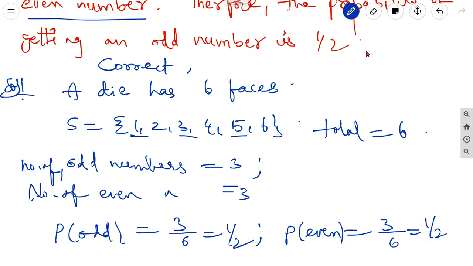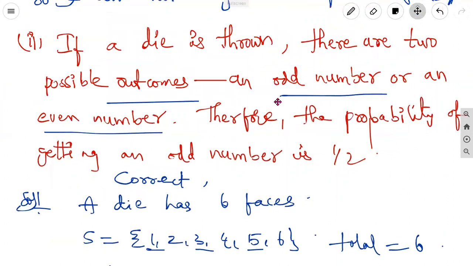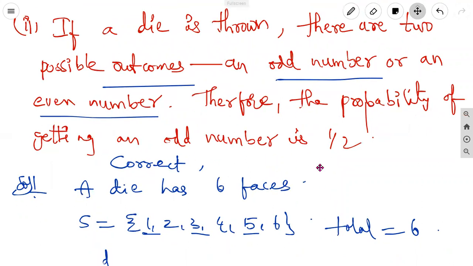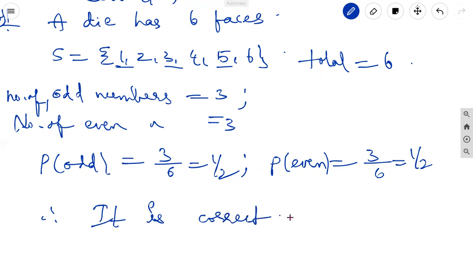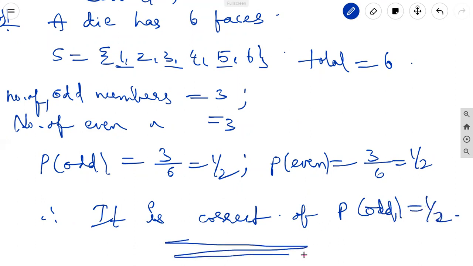So, odd numbers and even numbers are equally likely. Here, possible outcomes, odd numbers and even numbers. Therefore, the probability of getting an odd number is 1 by 2. Therefore, correct. So, probability of odd number equal to 1 by 2. Example.